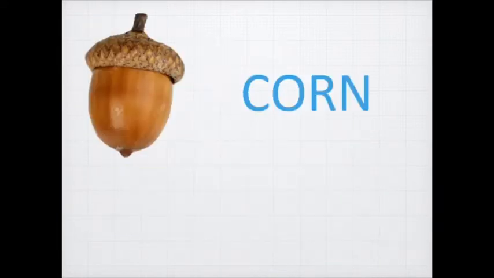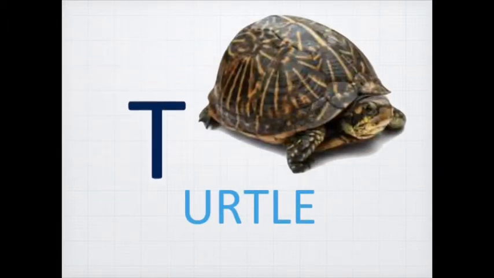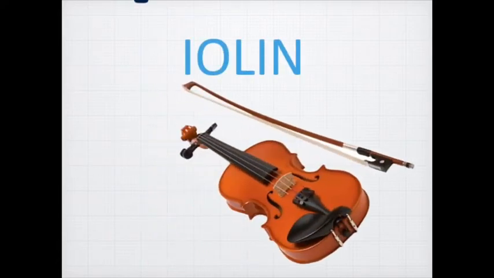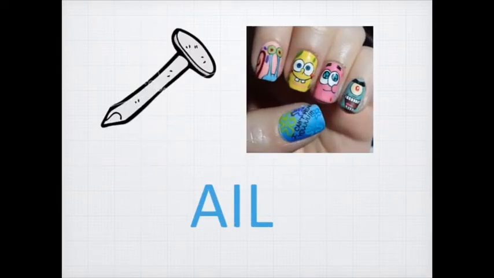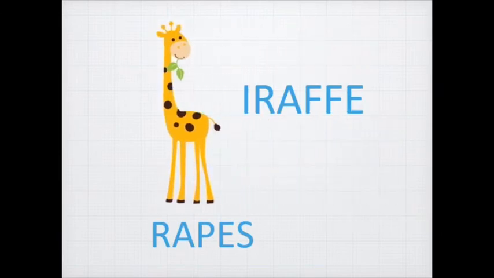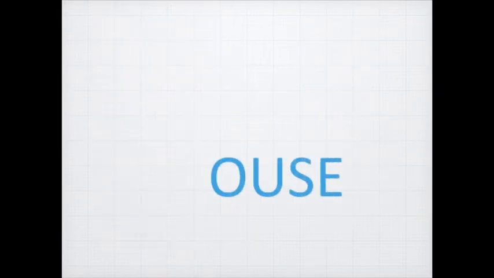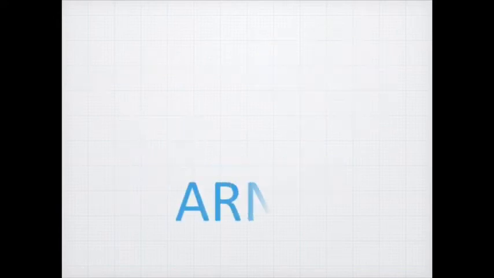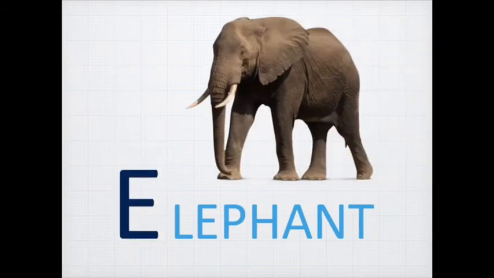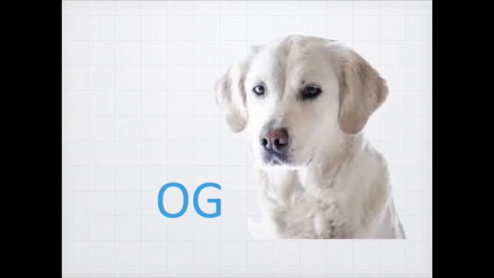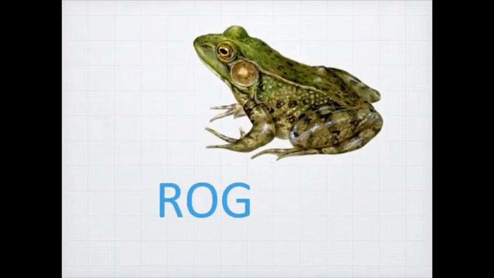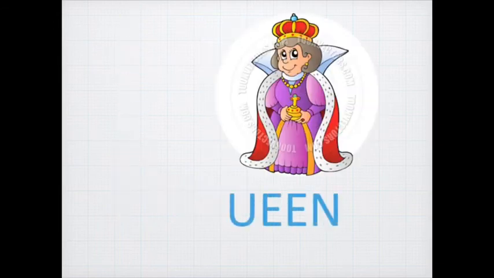H, house. A, acorn. A, apple. T, turtle. V, violin. R, rabbit. N, nail. G, giraffe. G, grapes. M, mouse. Y, yarn. E, elephant. U, unicorn. U, umbrella. D, dog. F, frog. Q, queen.